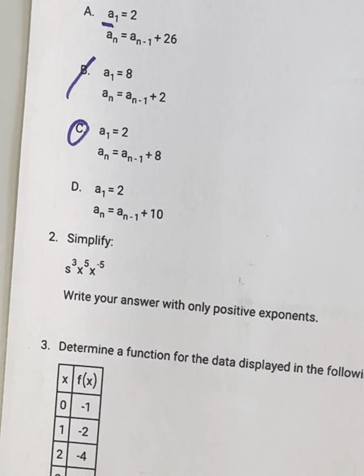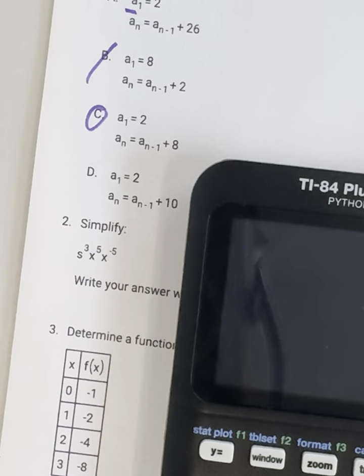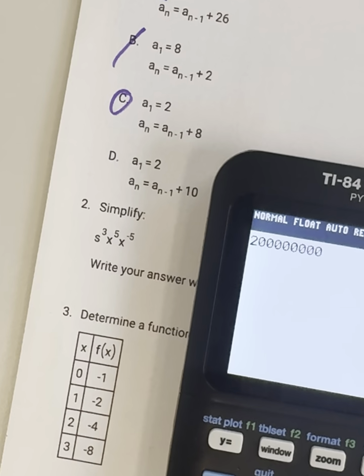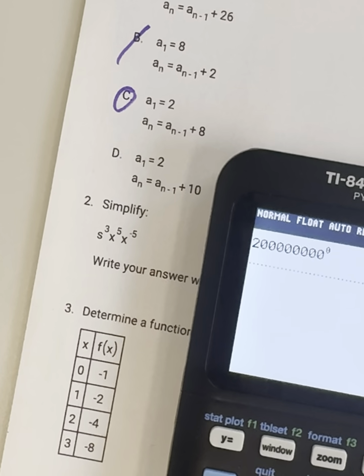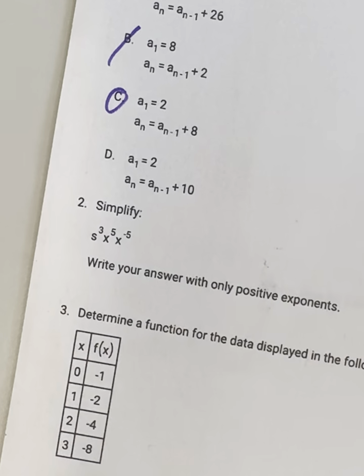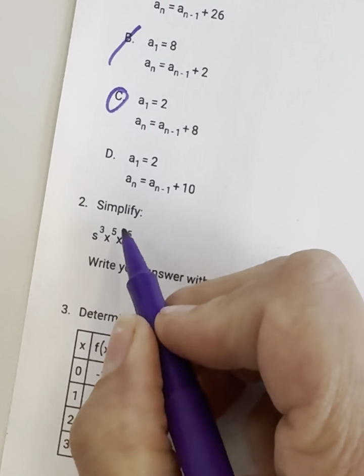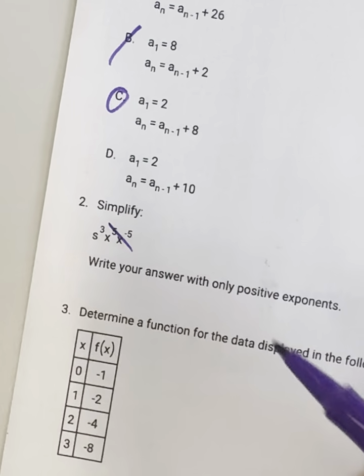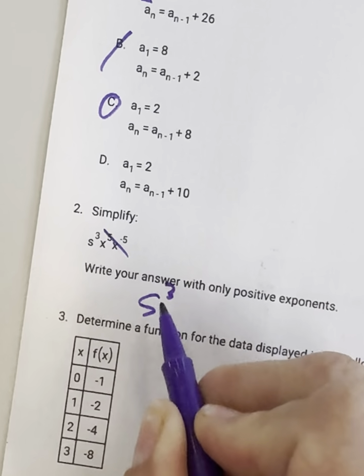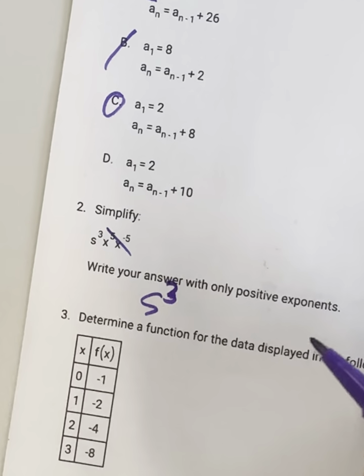And anything to the 0 power, even if it's 2, whatever this is, to the 0 power, you get 1. So 5 to the 0 power, you get 1. So x to the 0 power, no matter what the number is, you get 1. So that means that x goes away, and all you're left with is your s. It has no friends, so it doesn't change. Okay, number 3.